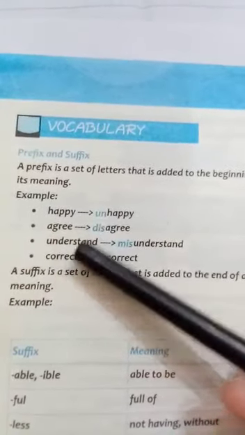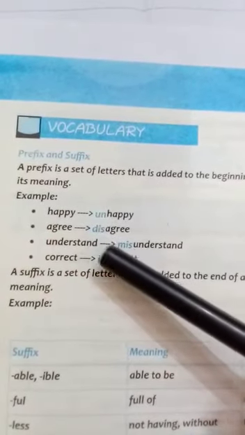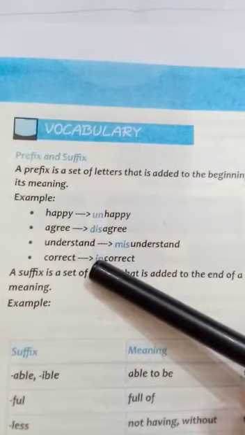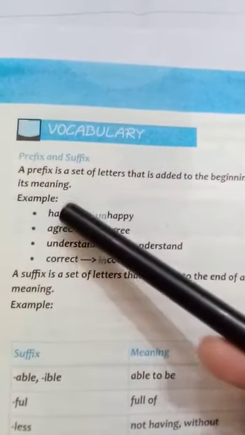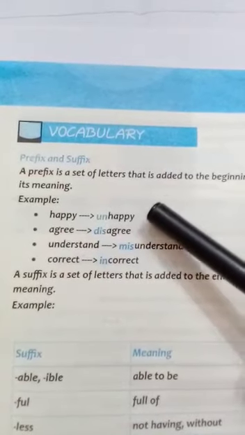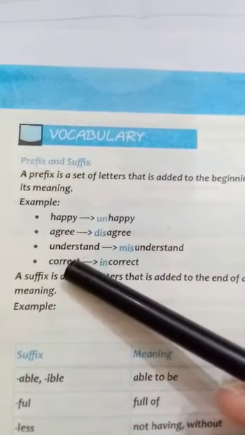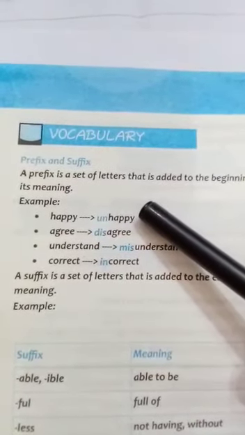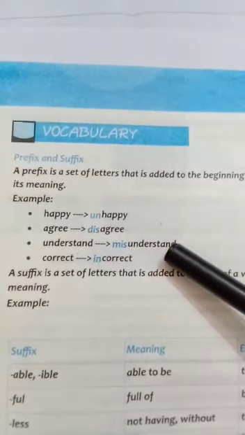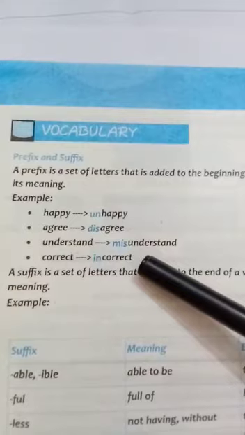When we put un, dis, mis, in, these are called prefixes. When we put these prefixes with these words, they become new words which are different from the given words. Happy becomes unhappy, agree becomes disagree, understand becomes misunderstand, and correct becomes incorrect.